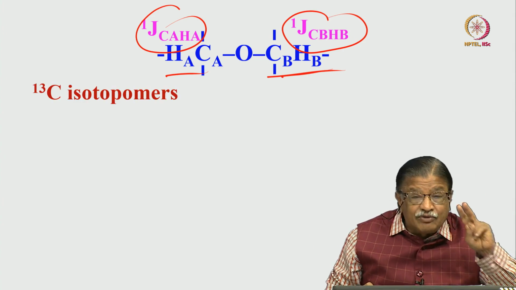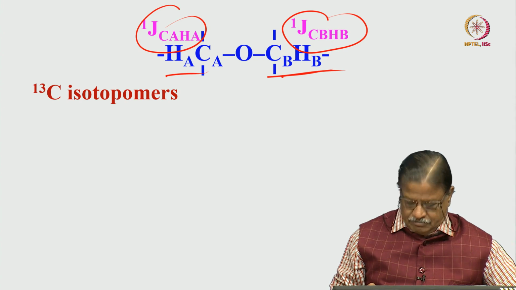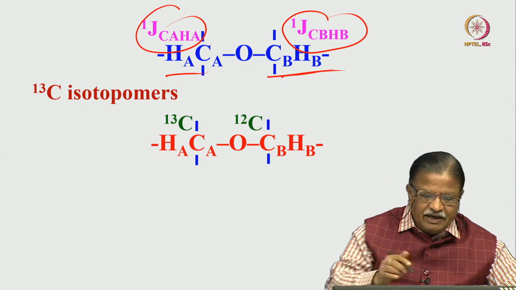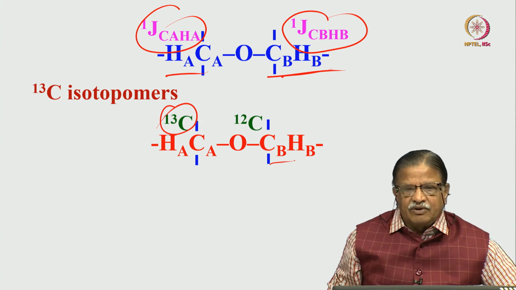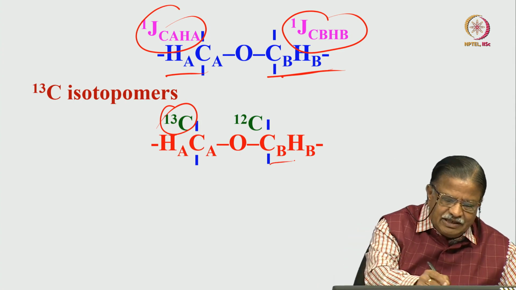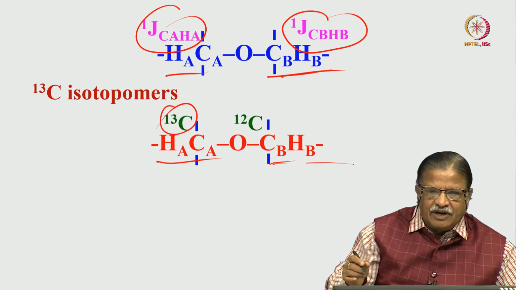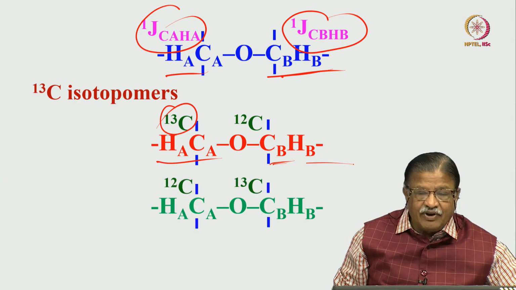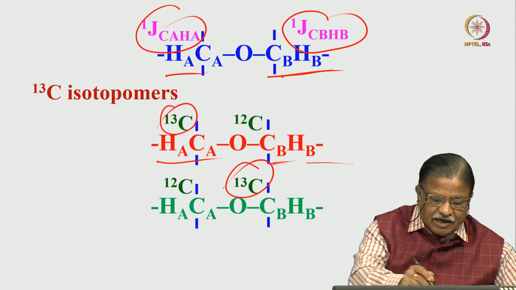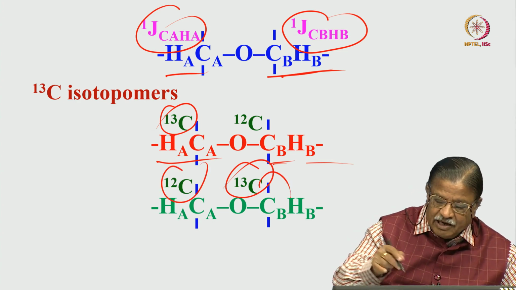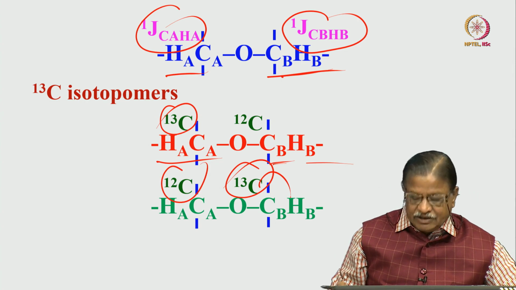Now we can think of two different types of isotopomers for this. One is a situation where this carbon A is in carbon 13 state and carbon B is in carbon 12 state, and we have J coupling for this and it is not there for this. Whereas if I consider another isotopomer, we have carbon 13 here and carbon 12 here, and we get one bond carbon proton coupling there in this isotopomer.